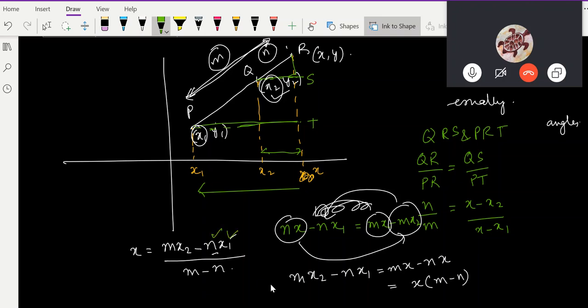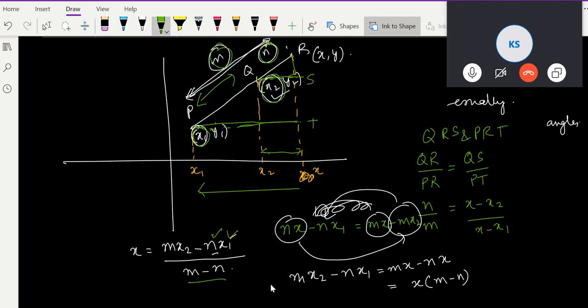X1 into n is getting subtracted from x2 into m because m is bigger here, and divided by m minus n, which is the distance PQ. So this is how the logic works, right?